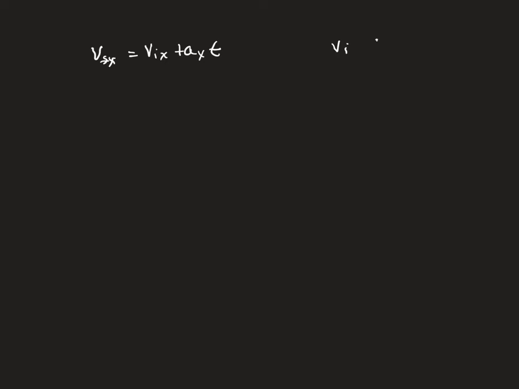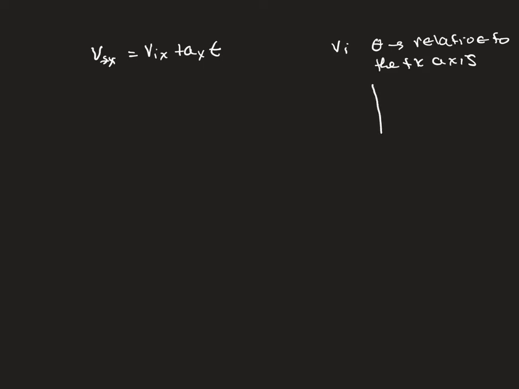And you're going to be given a theta. And this theta is always relative to the positive x-axis. So it's how many degrees the object is moving initially above the positive x-axis. So if you're moving along the positive x-axis, that angle will be 0.